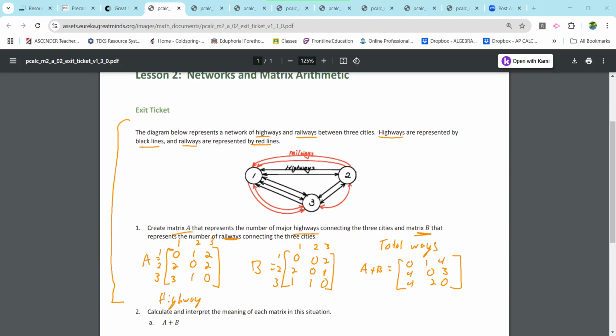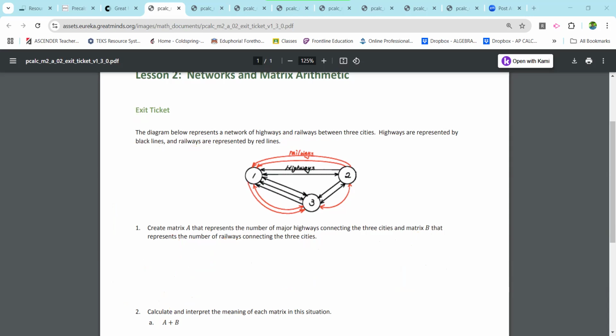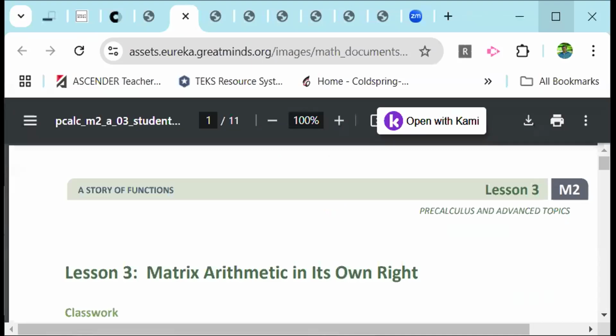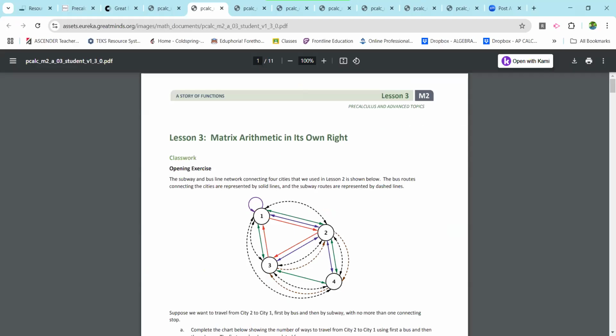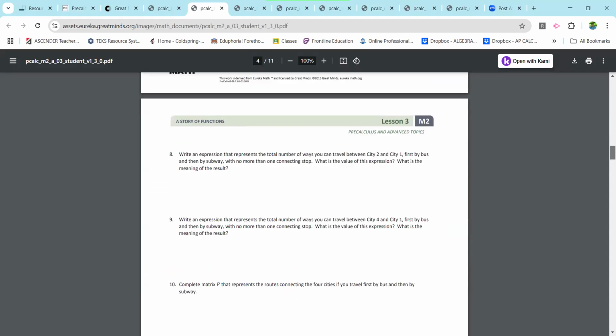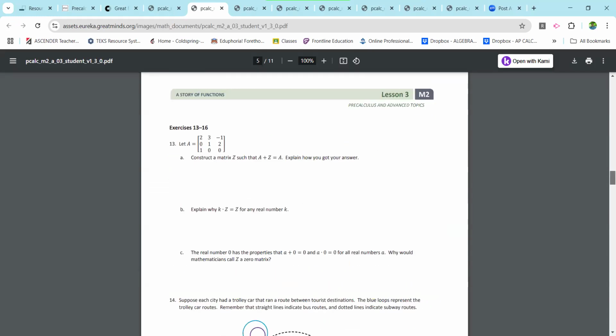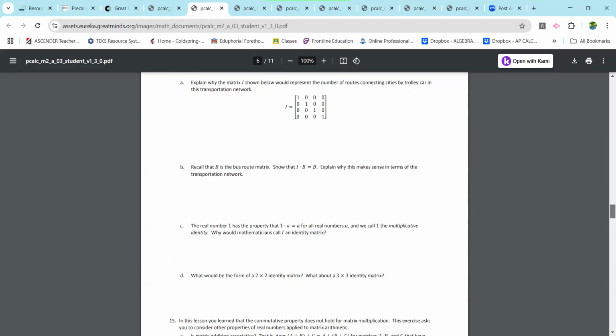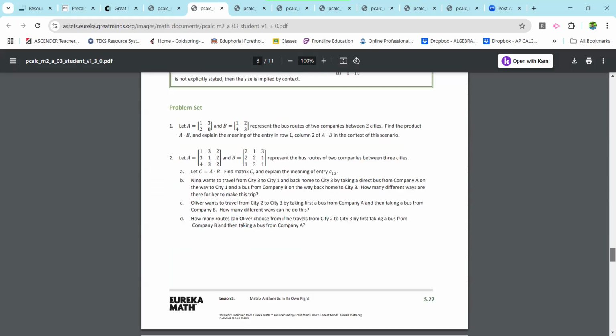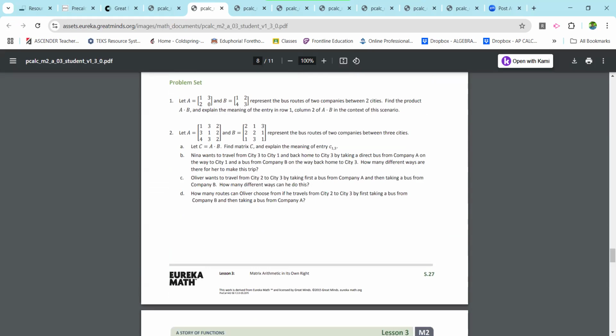All right, let's look at the next one. This next one is going to be lesson 3, problem sets. Where's my problem set? It is 2C.